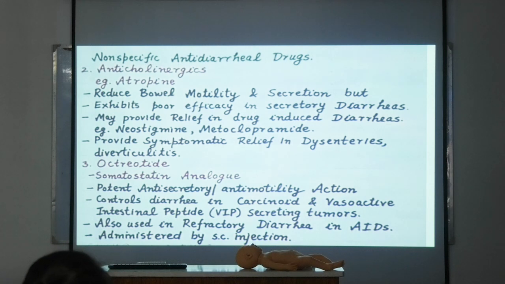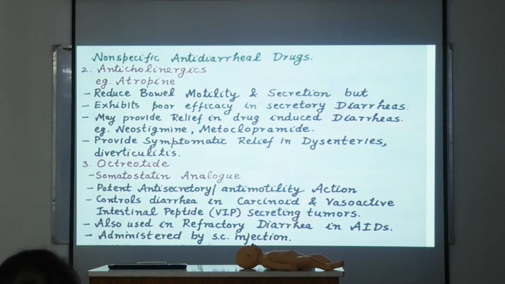It is used in very severe diarrheas that occur due to some tumors. Certain tumors are there which produce very severe diarrhea. Why? Because those tumors secrete certain substances continuously. Those substances cause diarrhea.